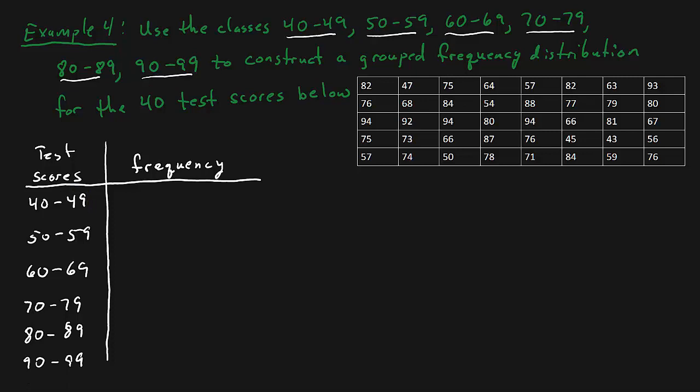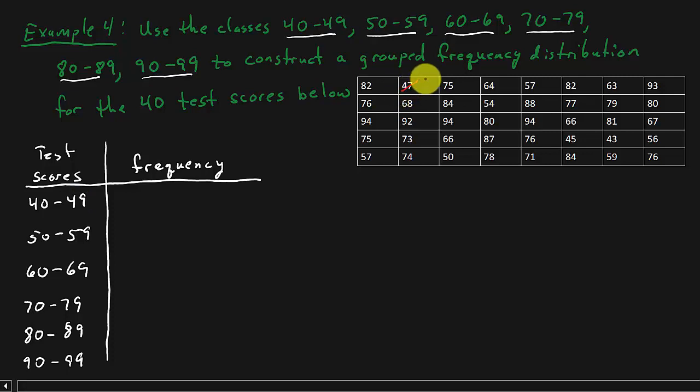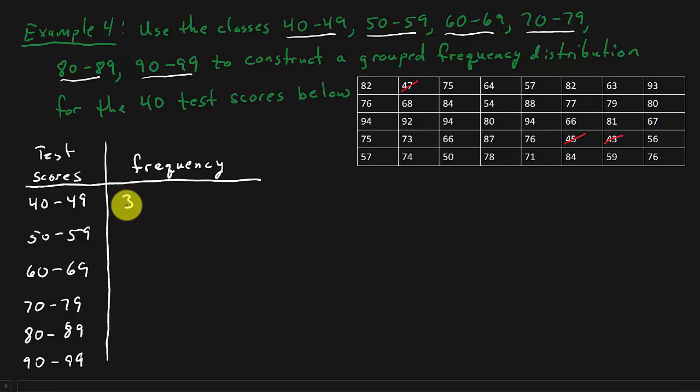So between 40 and 49, I've got 1, let's see, 2, 3. So there's 3 of them. Okay. And then I would go through and count all the ones between 50 and 59.